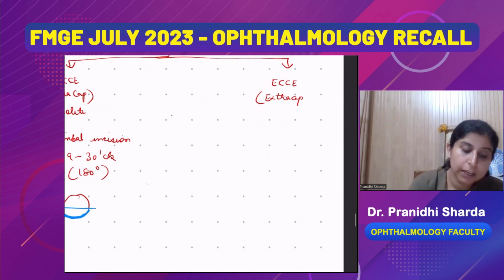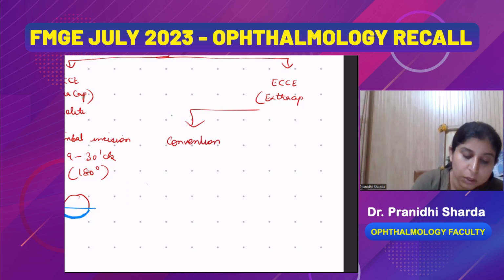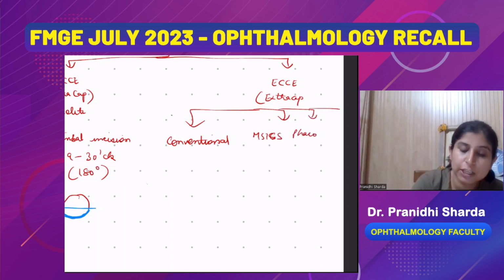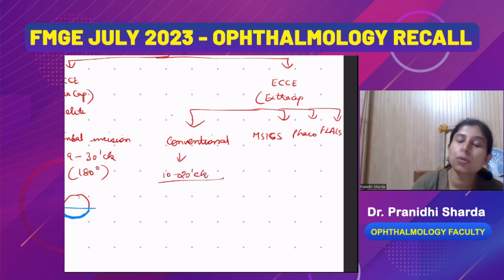Fine. Again, ECCE can be conventional, or the further advancements which we are seeing are the small incision cataract surgery, manual small incision, phacoemulsification surgeries, and the latest one is the femtolaser assisted cataract surgery. In conventional, we used to give the incision from 10 o'clock to 2 o'clock.